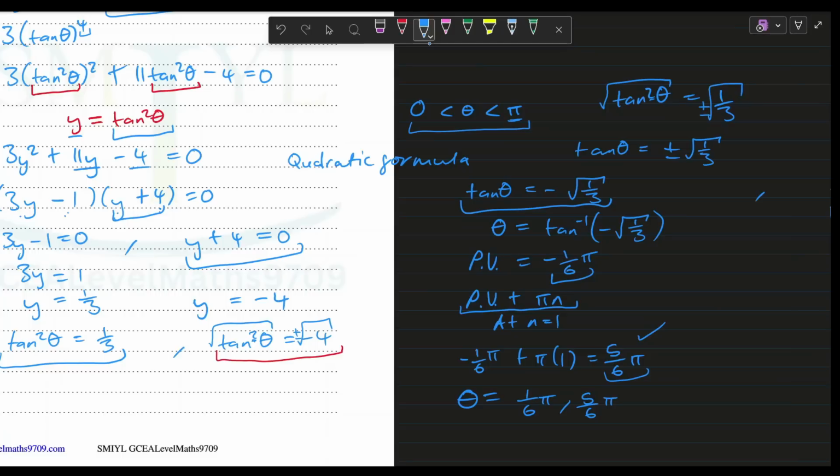If you try to punch it into your calculator, you get an error. So we have no solutions here. We can say that theta is equal to no solutions. It means this equation here does not give us any values for theta. So our final answer is going to be theta is 1/6 pi or 5/6 pi.